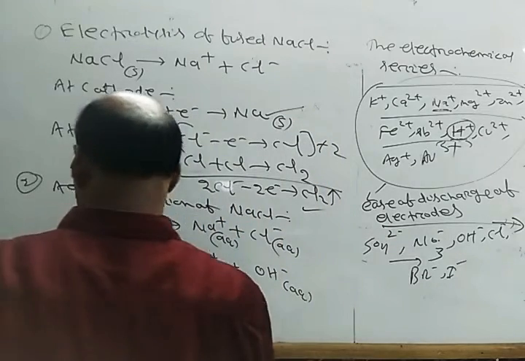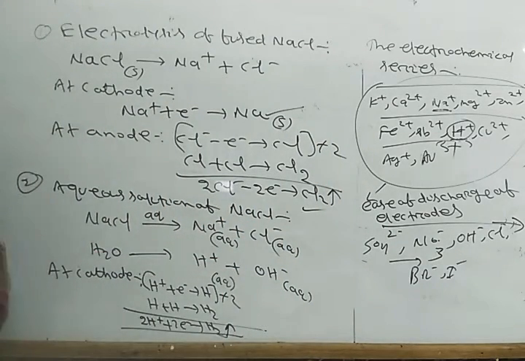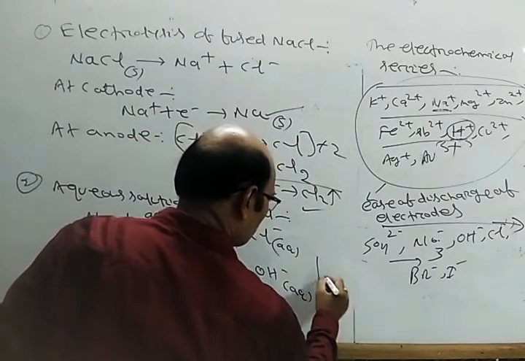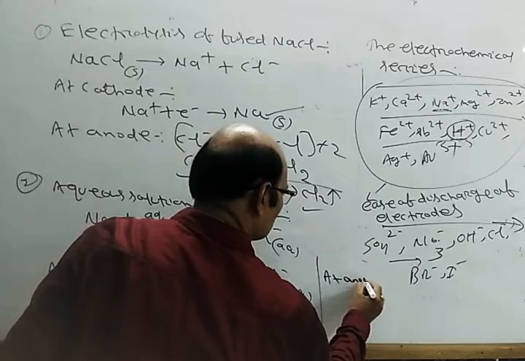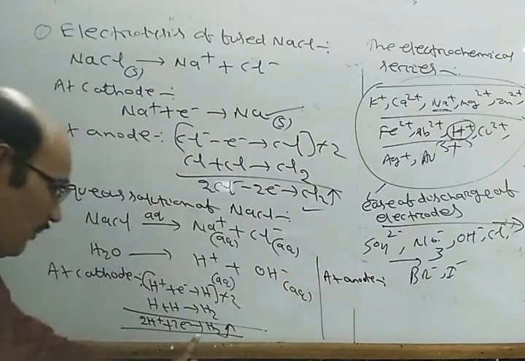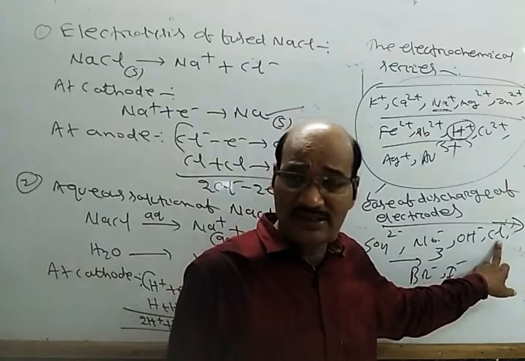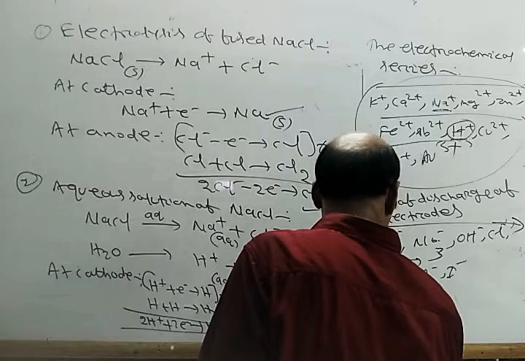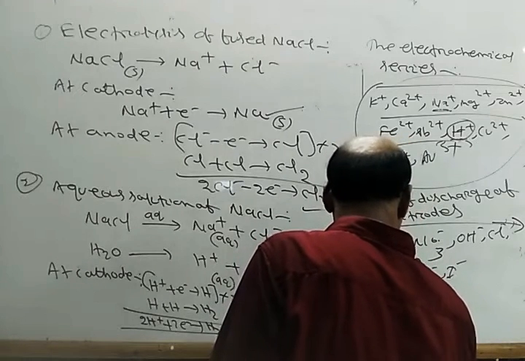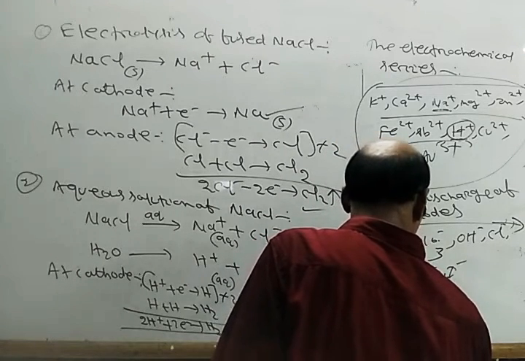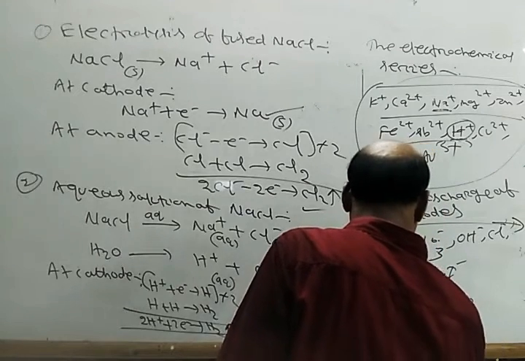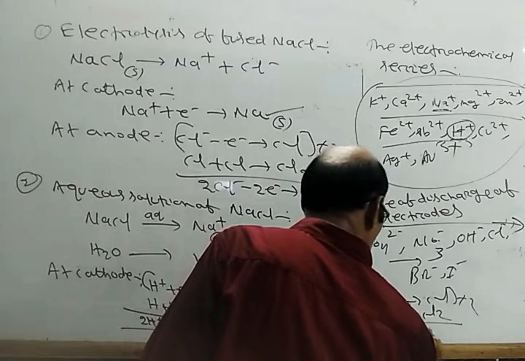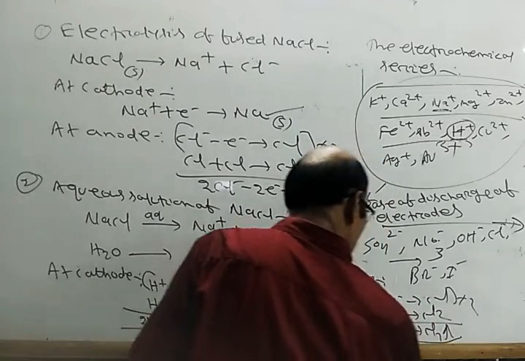So at the anode, because Cl- has the higher discharge potential, Cl- loses an electron to give Cl, and Cl plus Cl gives Cl2. So 2Cl- minus 2 electrons gives Cl2.